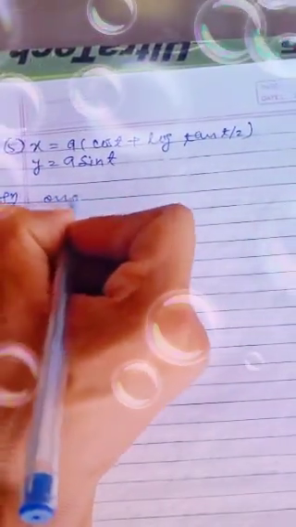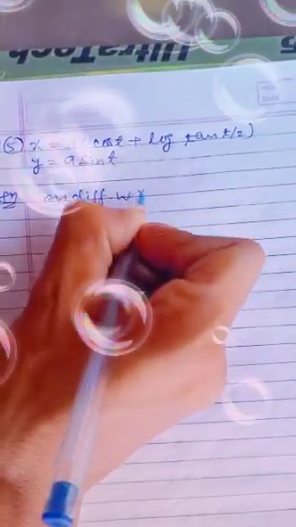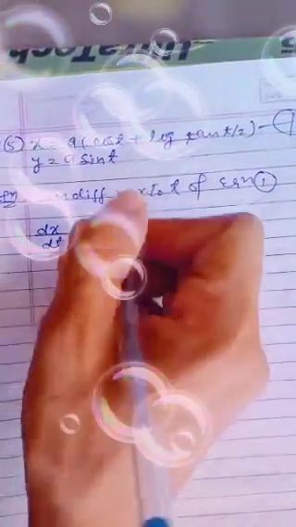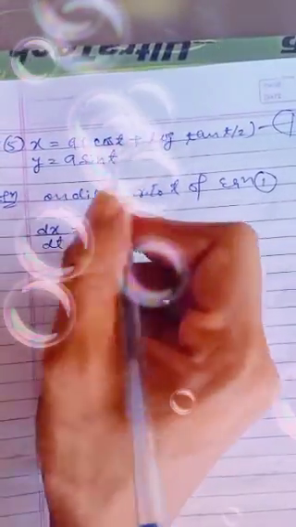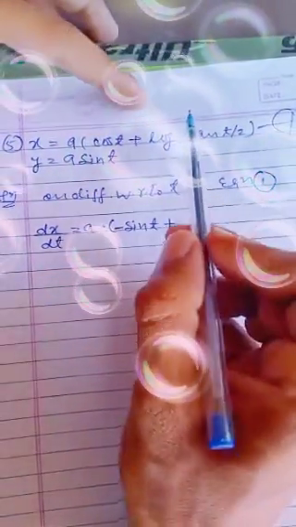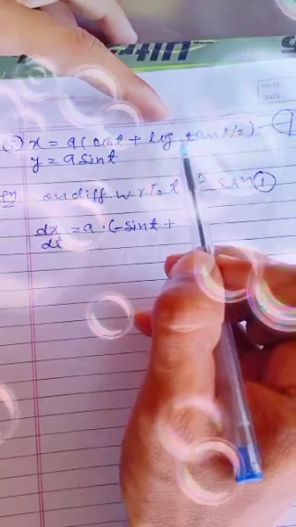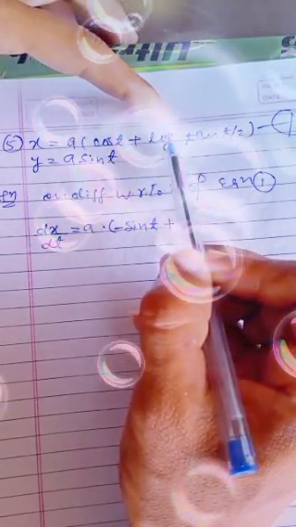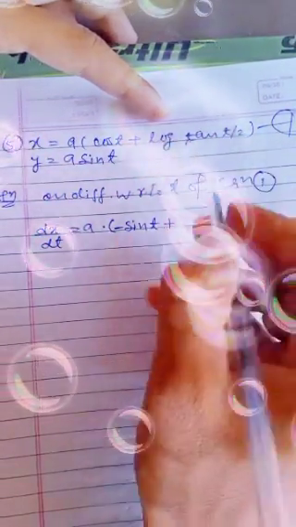Now first of all you can solve this equation. So write on differentiation with respect to t, equation number first. So here you can write dx over dt is equal to a multiply the differentiation of cos t, which is minus sin t, plus the differentiation of log x, which is 1 upon x, and here the place of x is tan t by 2.